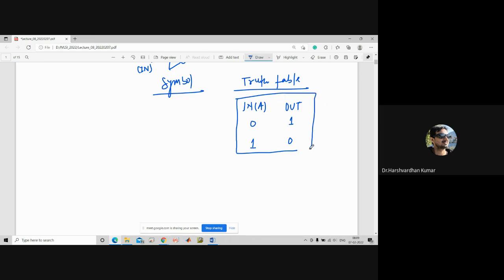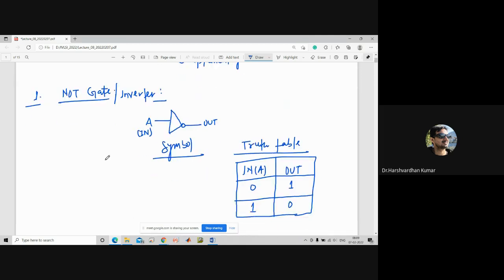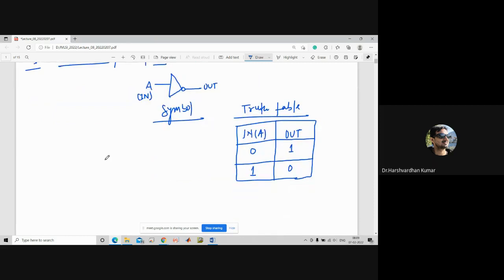But do you know the design of the inverter? How can we design the inverter? No, right? Because till now we don't know how to design any inverter or NOT gate. So today we will learn how to design logical gates using CMOS transistors.